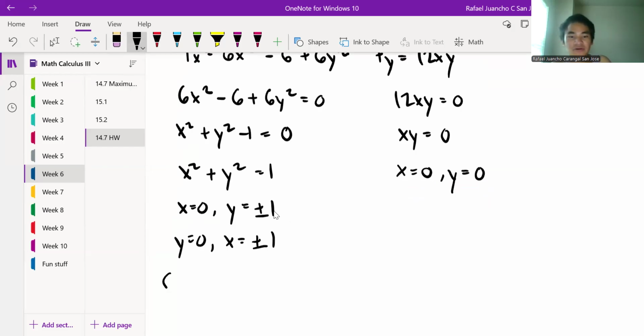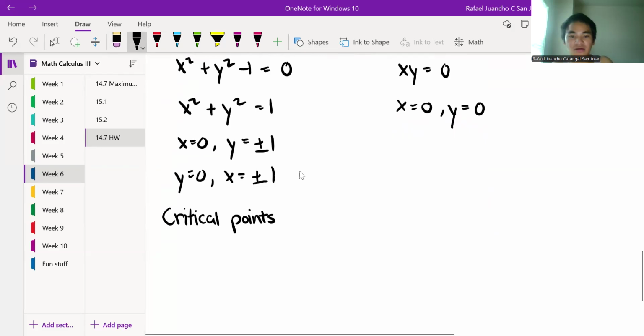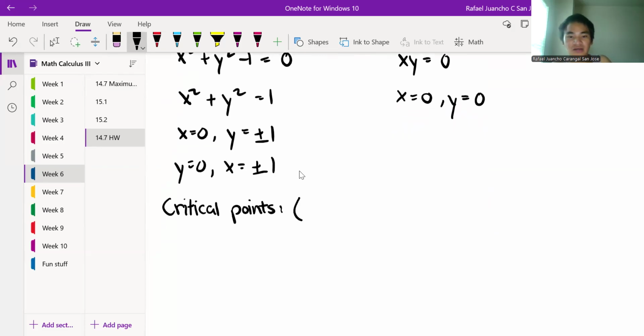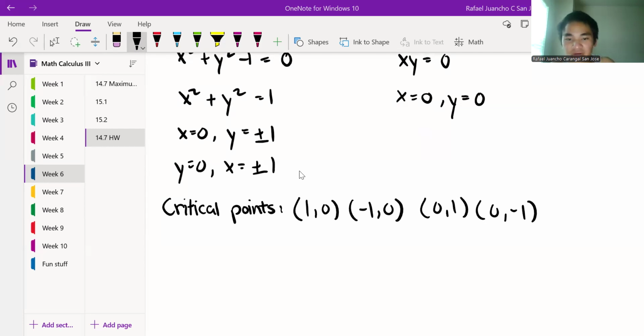And so our critical points in this case are these. You can either have 1, 0, negative 1, 0, 0, 1, 0, negative 1, right? Those are our 4 points. And then from there, let's use the second derivative test.